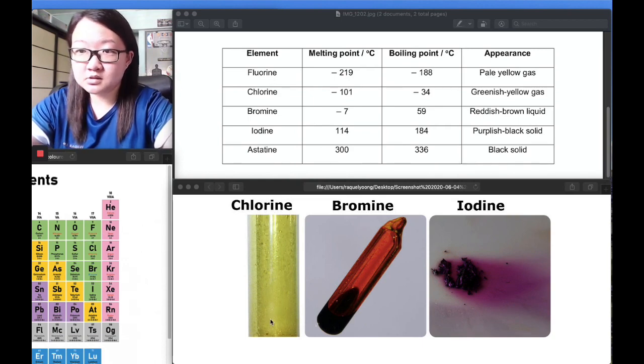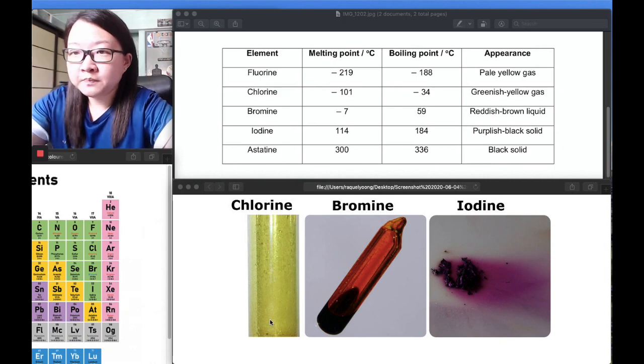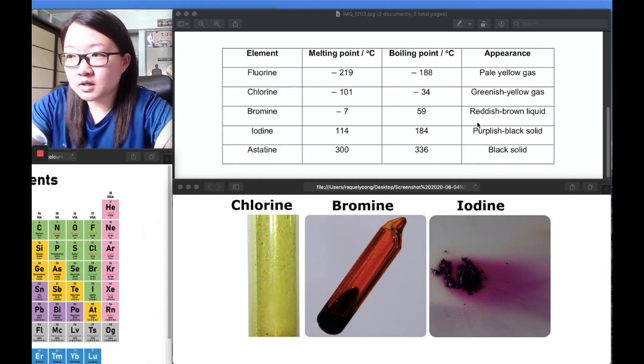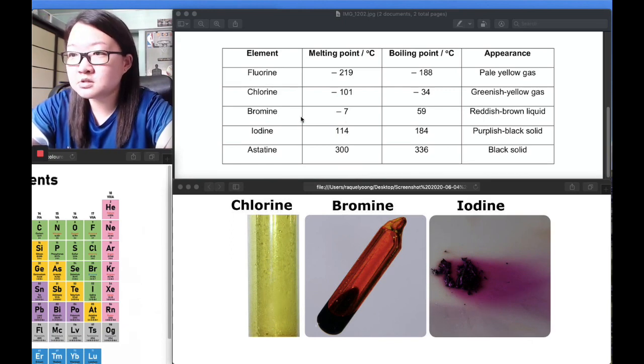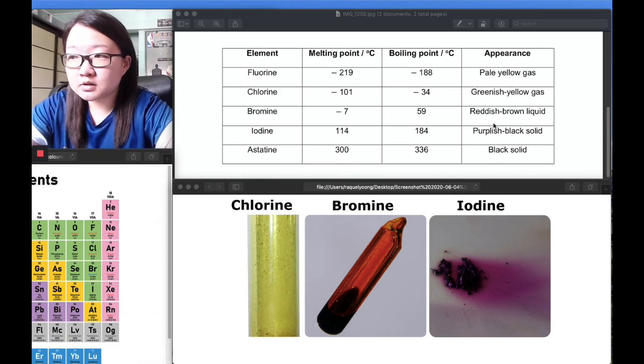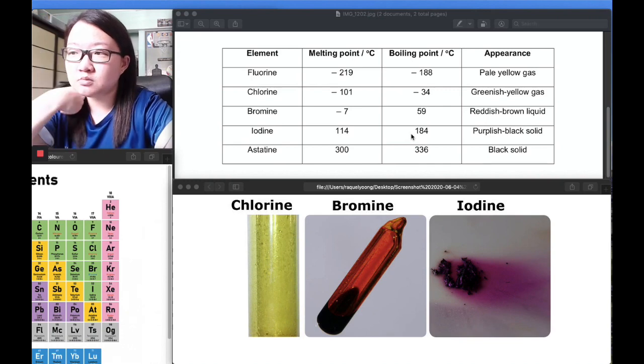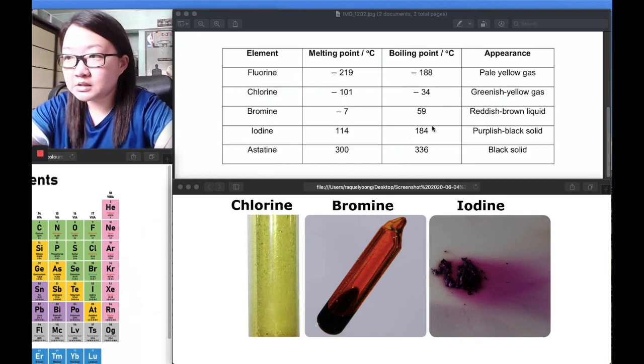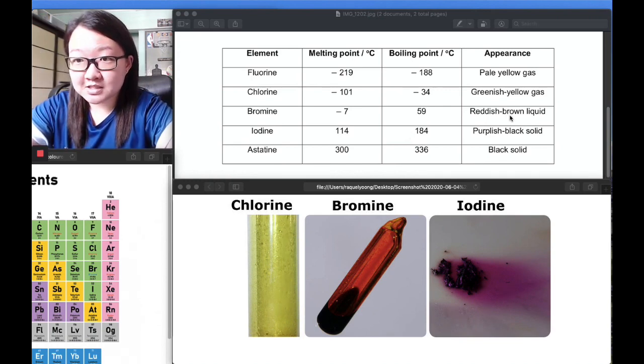It looks pretty nice. Then for bromine, as we go down the group, okay, again, as we talk about periodic table elements, we always think about trends. As we go down the group, bromine, in terms of color, becomes slightly more intense. It is a reddish brown color, and in terms of the state that it exists as at room temperature and pressure, it becomes a liquid.